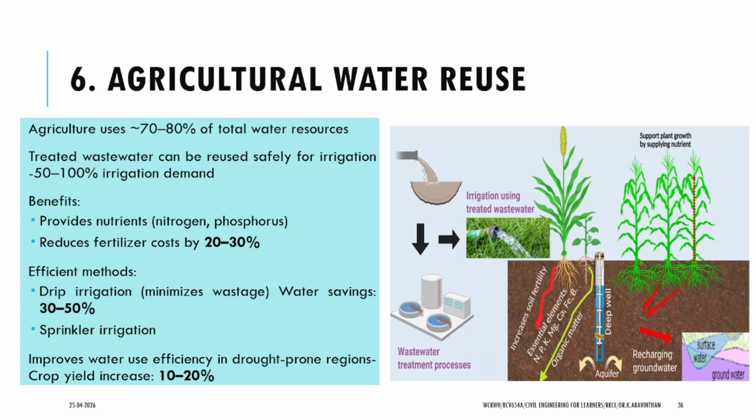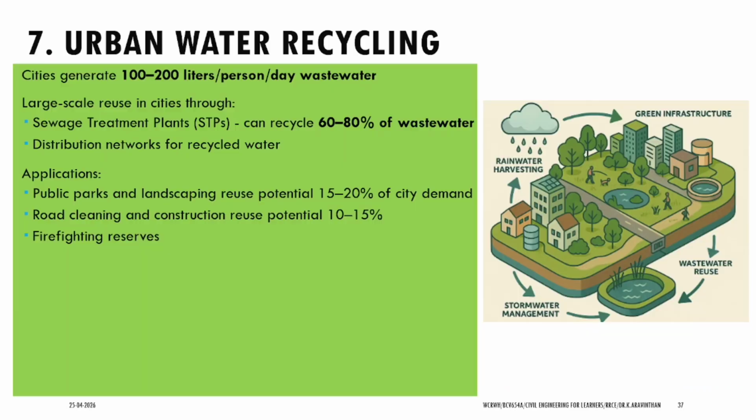The increased soil fertility, they have nutrients such as nitrogen, potassium, phosphorus, magnesium, calcium, ferrous, etc. Now, this provides rich nutrients to the plant and it supports growth. When you compare with fresh water, the wastewater has this much advantage.